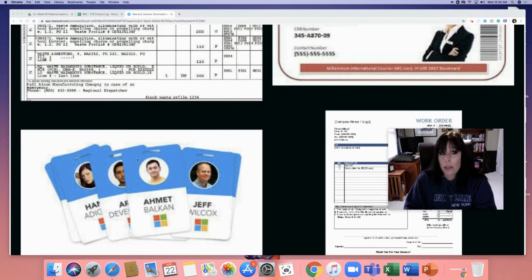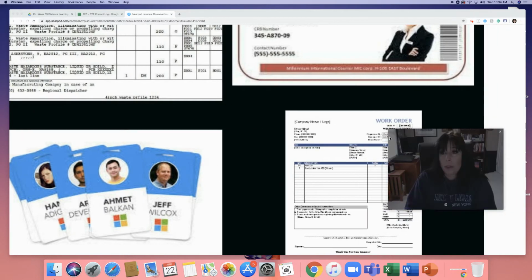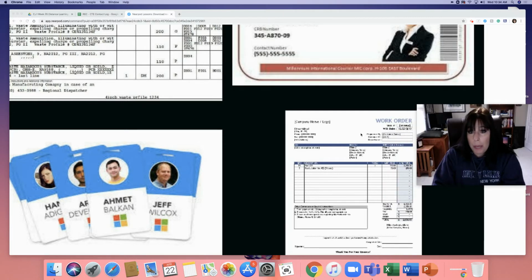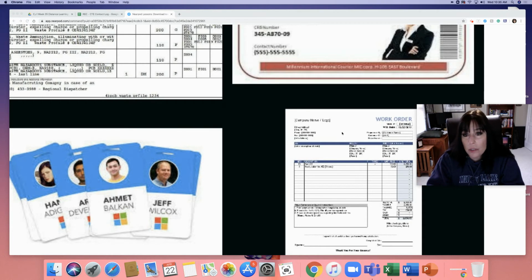Employee photo badges, for example. You've got the picture, you've got the name, and then over here is an example of a work order where paperwork is filled out that we need. I can't really read that, but you get the idea. You need something fixed or something done, and here's the paperwork for that.